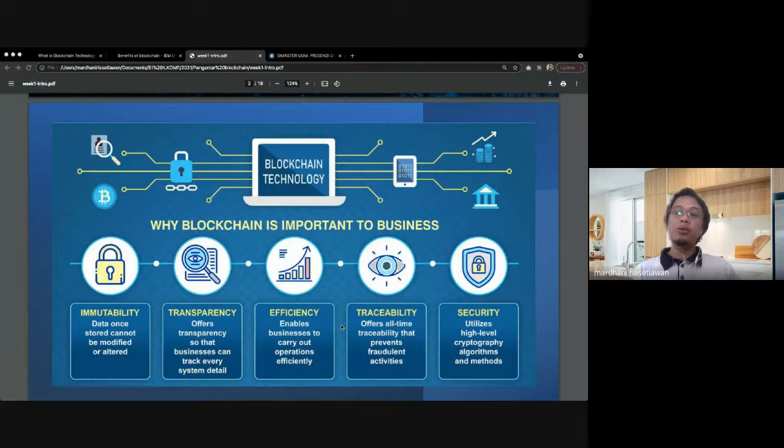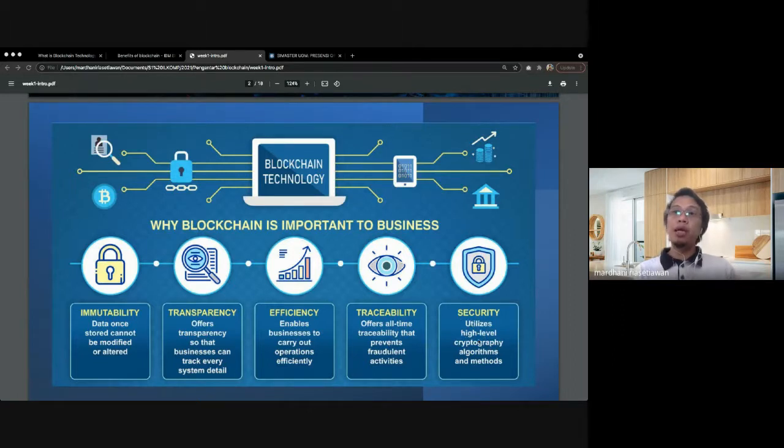It's very important, because fraud can be very dangerous if we do not handle it in a very good way. And also the security.